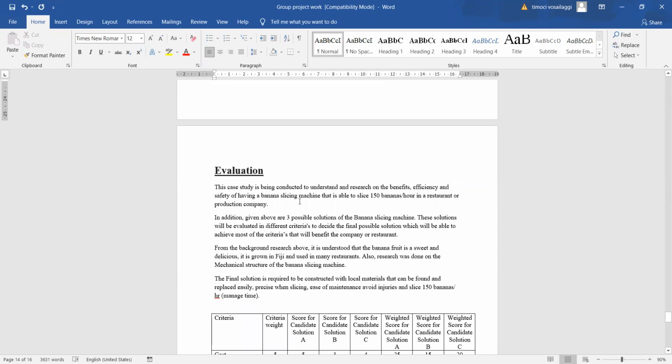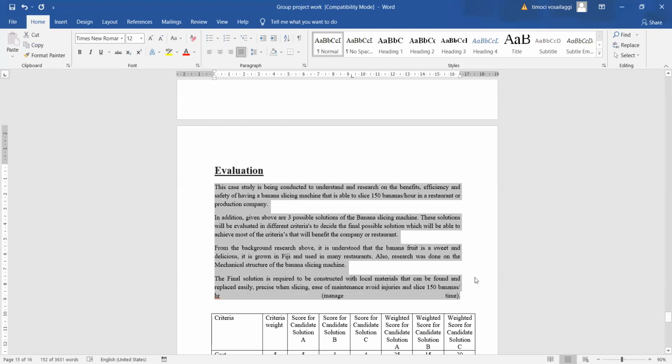Evaluation. This is a very important step, and I think there's been a lot of misunderstanding when it comes to evaluation. So let's use this as an example. This case study is being conducted to understand and research the benefits, efficiency, and safety of having a banana slicing machine that is able to slice hundreds. Okay, so you've summarized your project. We are given 3 possible solutions. These possible solutions from the background research understood that banana slicing is sweet, delicious.